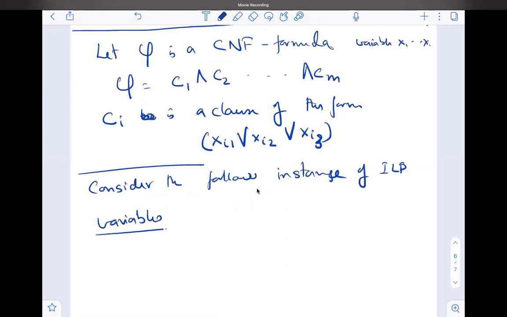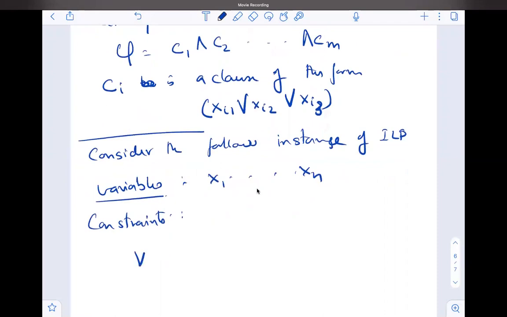The variables are still x1 to xn. Constraints. Okay, what are the constraints? Sir, all xi need to be 0 or all 1, for all Ci. Okay.